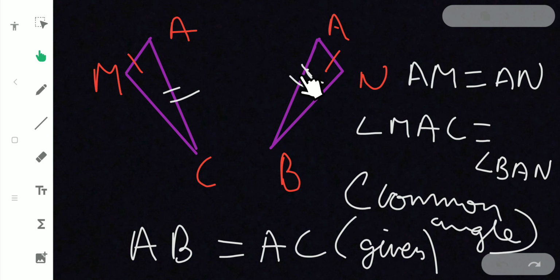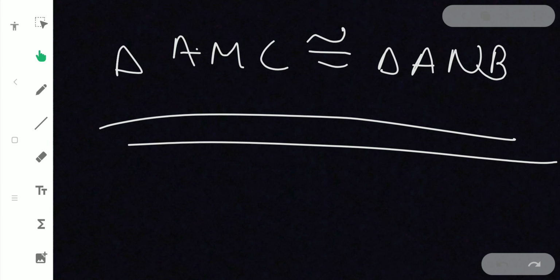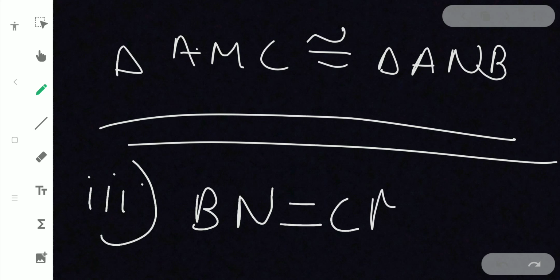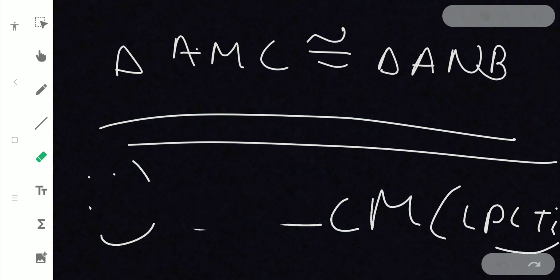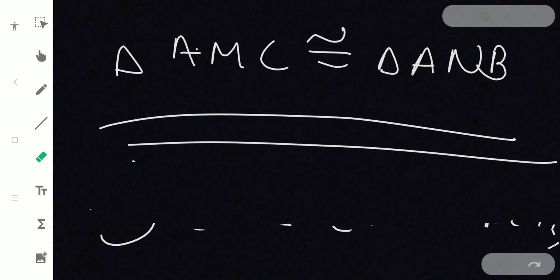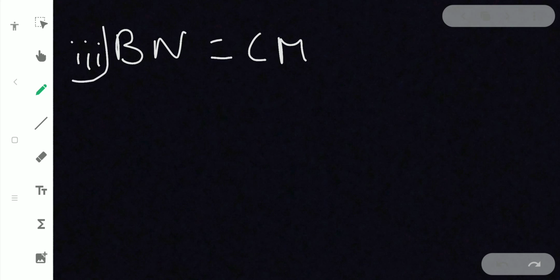On placing one over the another, I will get BN is equal to CM. So third part, BN is equal to CM by CPCTC. So I am writing it on the next page. BN is equal to CM by CPCTC.